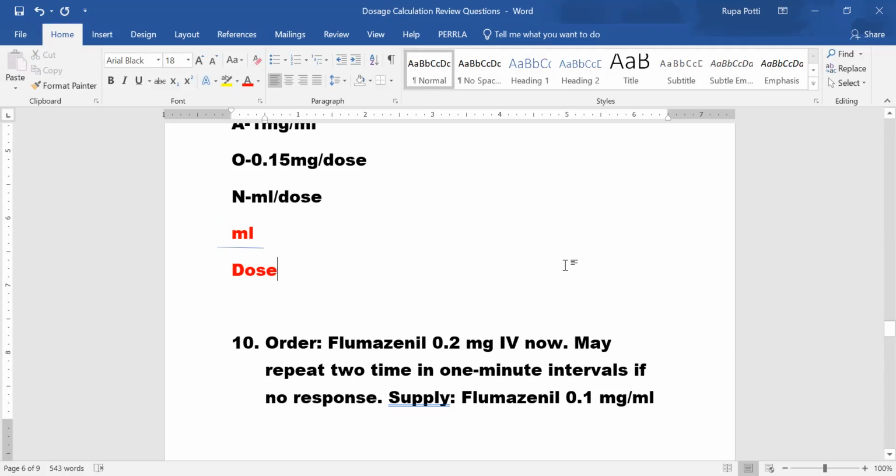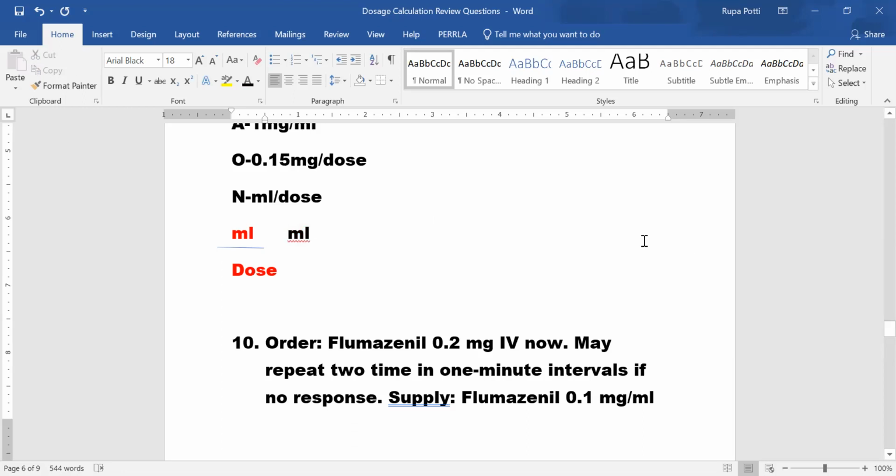Once you cancel all of those out, what you're looking for should be the only one remaining. So you'll be starting your problem with ml per dose. After you cancel off all your units, whatever remains should be ml per dose. Then that means you have laid your problem correctly. So over here, ml per dose. I'm going to start my problem with ml because I want ml in my numerator.